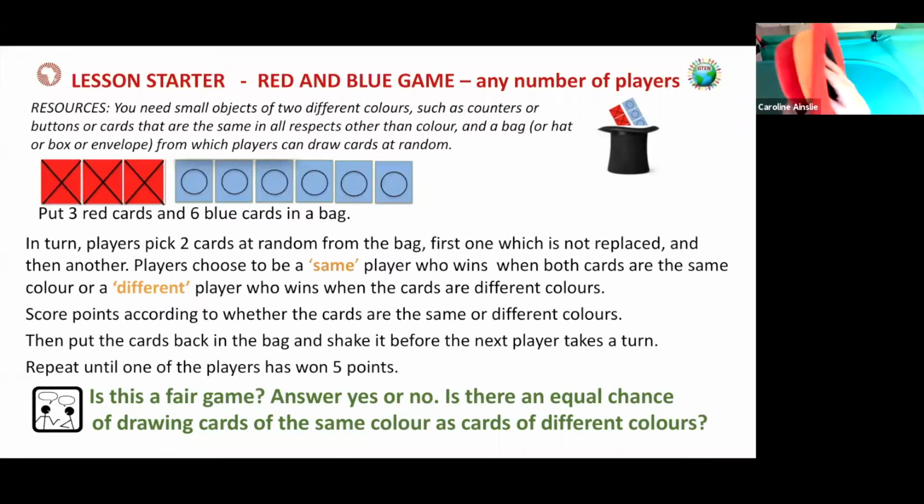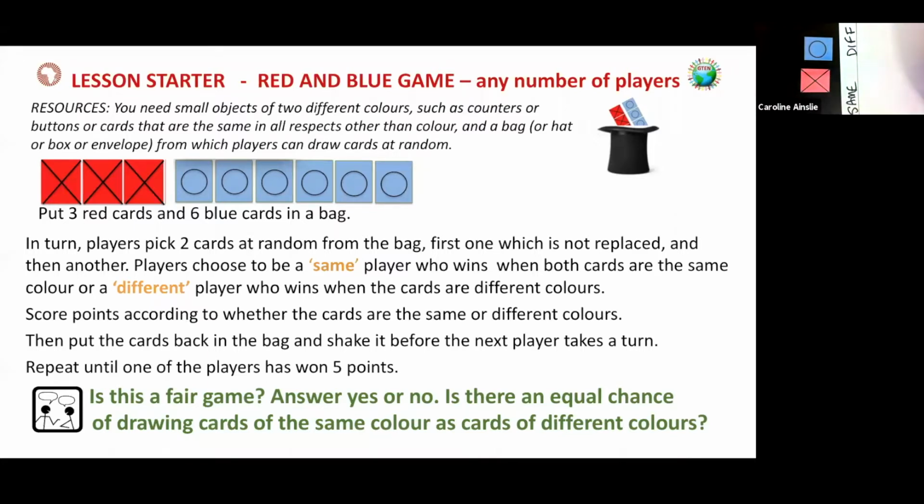I'm not looking. Notice that we start off with 3 red and 6 blue, and our interest is to check whether playing this game with such number distribution is fair or is not fair. And so now what you have to do is decide, are you on Tony's team, which means the two colours are going to be the same, or are you on my team, which means that two colours are going to be different?